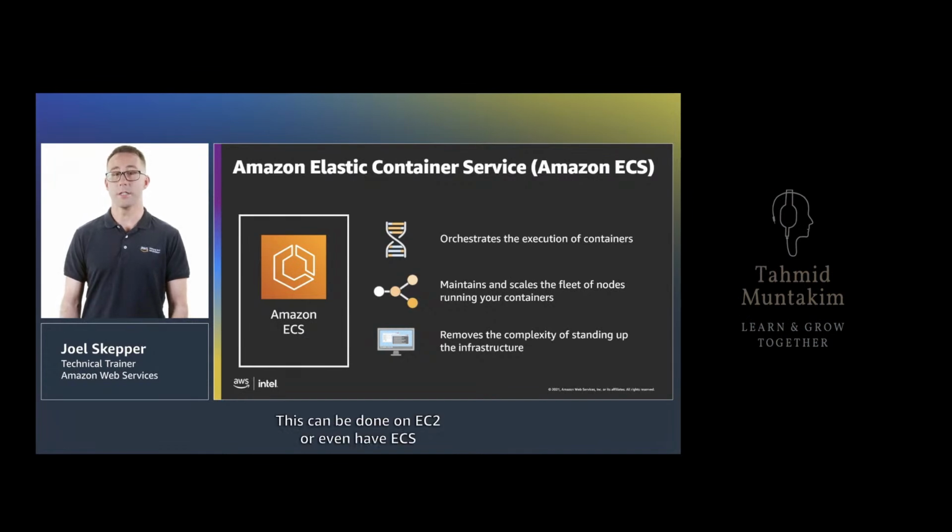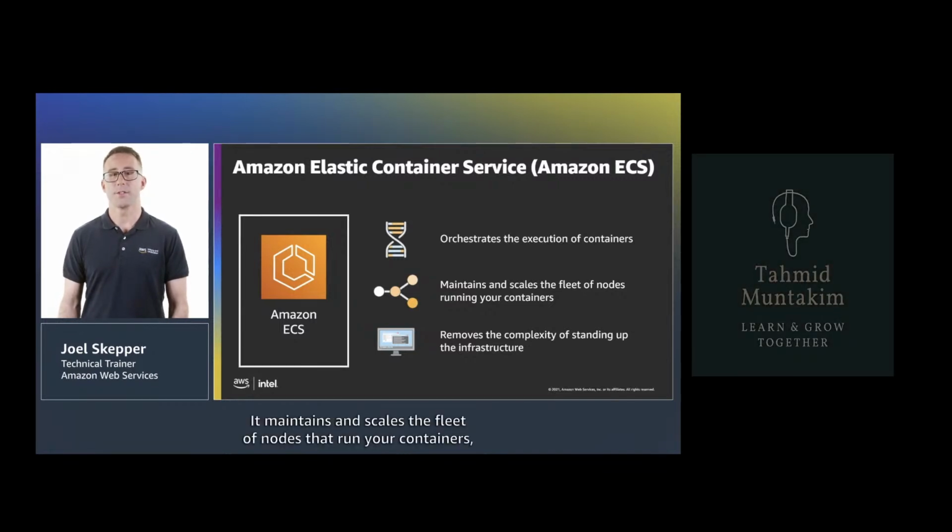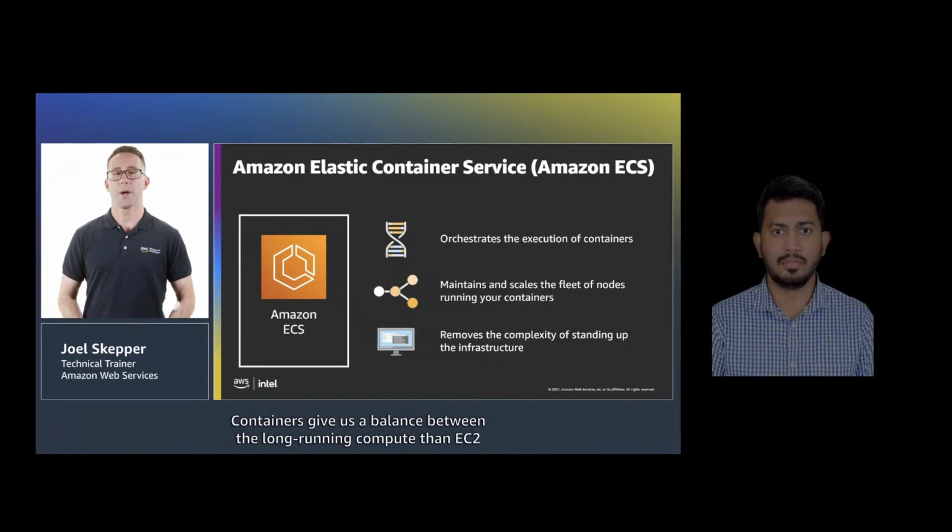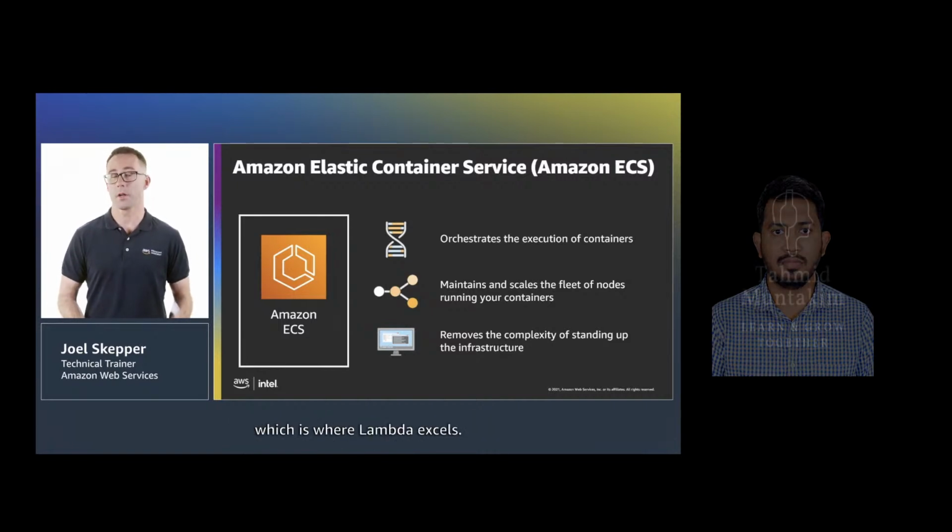This can be done on EC2 or even have ECS manage the infrastructure deployment for you. It maintains and scales the fleet of nodes that run your containers and removes the complexity of standing up the infrastructure. Containers give us a balance between the long-running compute that EC2 gives us, whilst being extremely quick to scale and run, which is where Lambda excels.